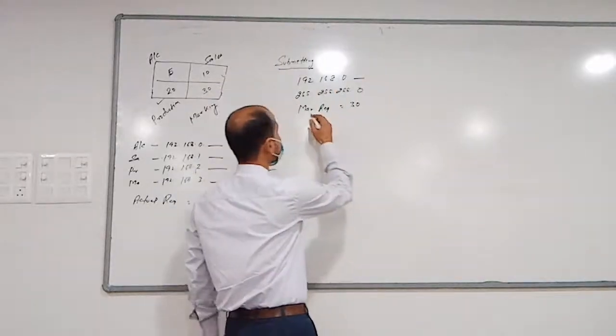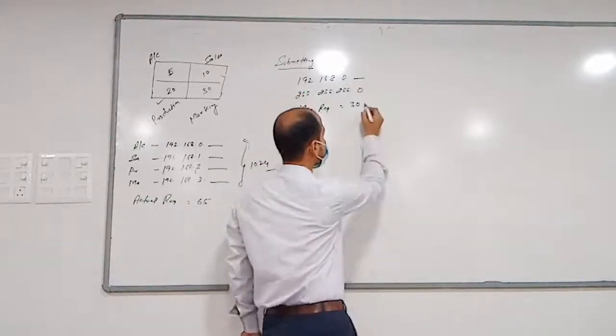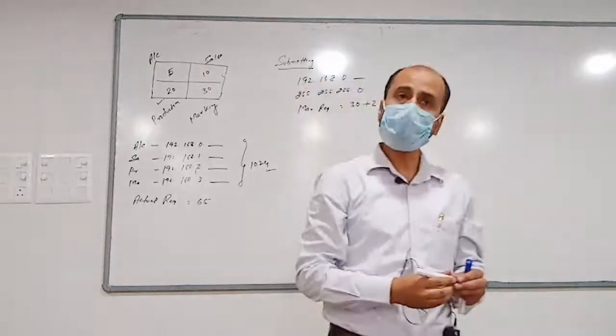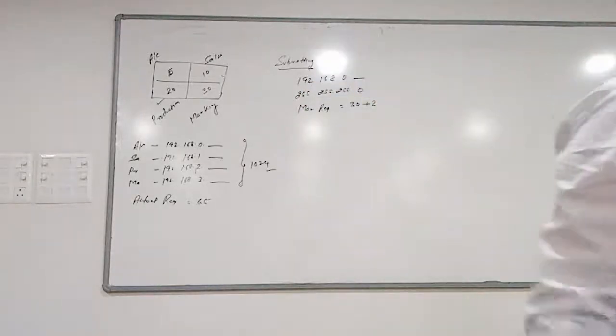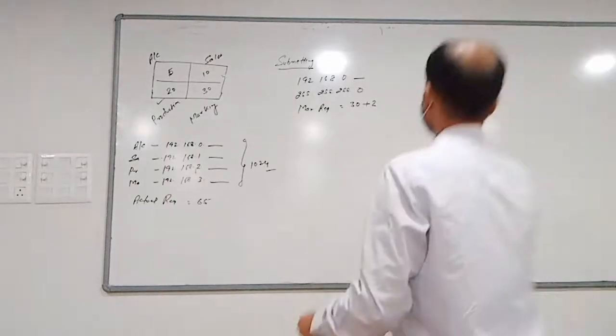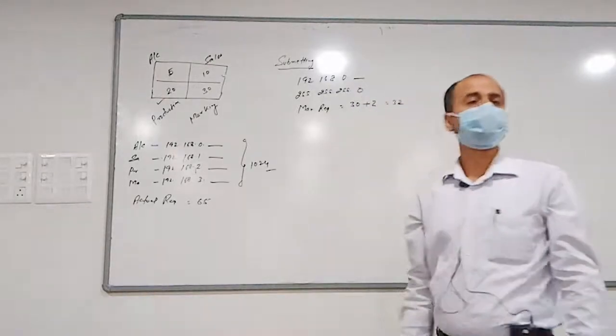But whenever we calculate the maximum requirement, we should always add 2, because in each subnet there must be a network IP and a broadcast IP. Means the total maximum requirement is 30 plus 2.